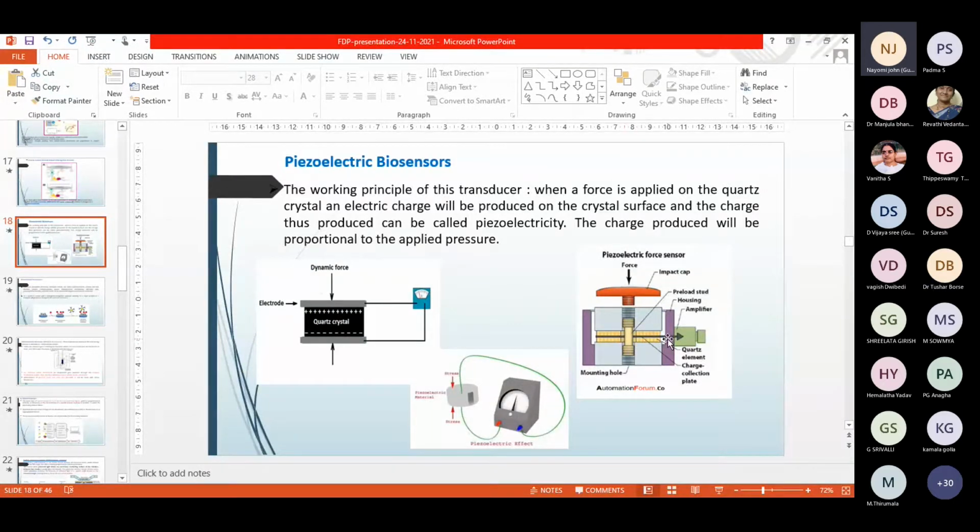So in absence of the analyte, for example, antibodies, you are making them immobilize on this kind of the transducer, on this kind of the biosensor. If the antibody is capturing any analyte, for example, antigen, there will be a change in the current. So that current change will be detected by the devices. So here you can see this kind of the difference in their voltage will be detected.